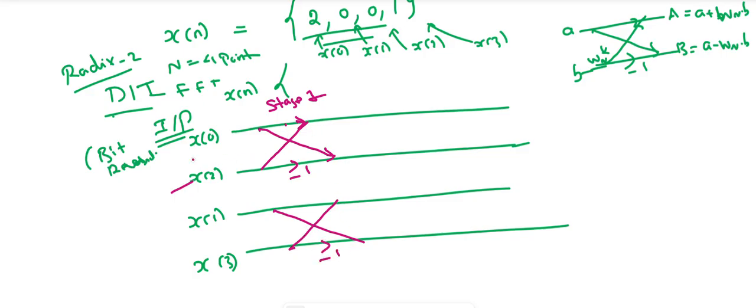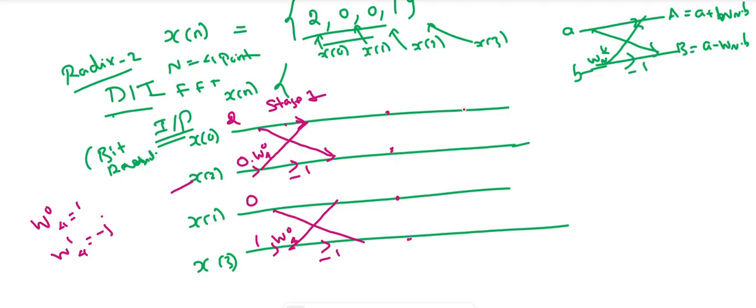So X of 0 value is 2, X of 2 value is 0, X of 1 is 0, and X of 3 value is 1. The lower wings are W_4^0 and W_4^0. In this case W_4^0 is equal to 1, W_4^1 is equal to minus j for 4-point DFT.